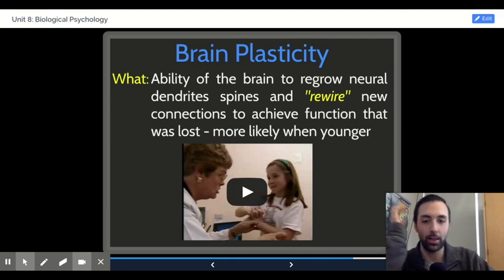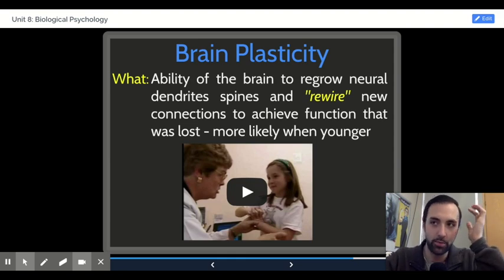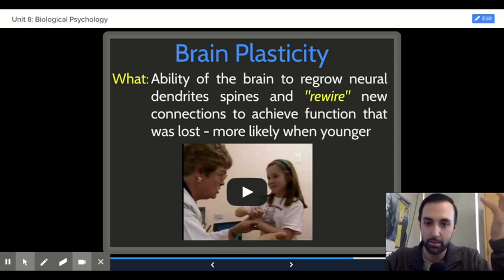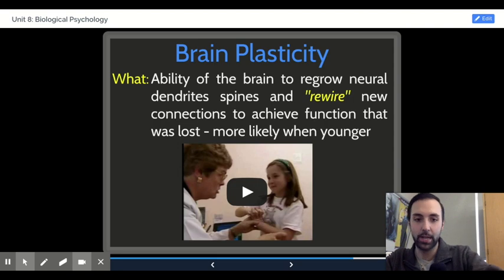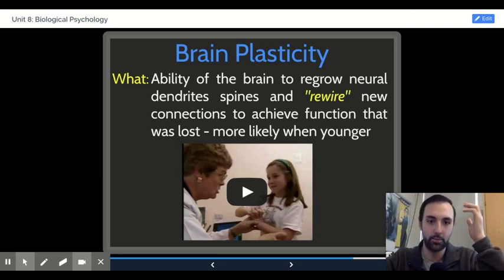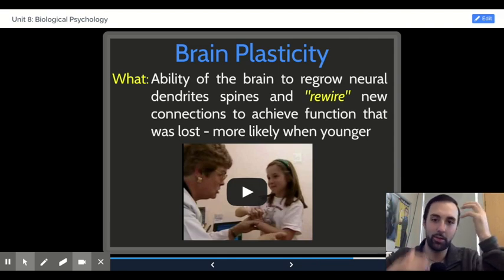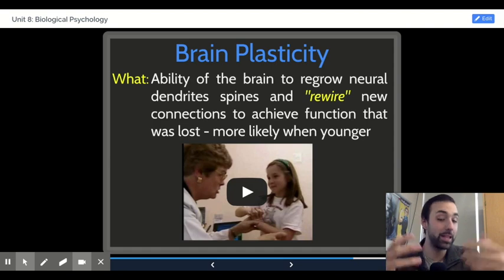In theory, if we cut the left side of your brain out, or let's say your right side of the brain, let's just say right side for this example. If we cut the right side of your brain out, in theory, there would be nothing to control the left side of your body. As we'll see in a box upcoming, the right side of your brain, for example, the right motor cortex, controls your left hand. Well, if we cut off the right hemisphere, in theory, there would be no ability to move the left side of your body.